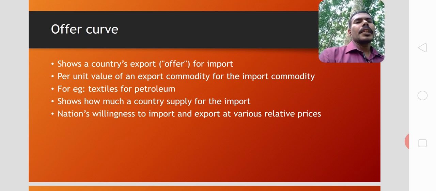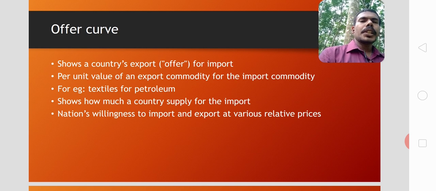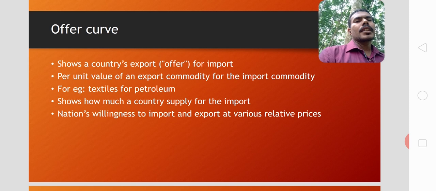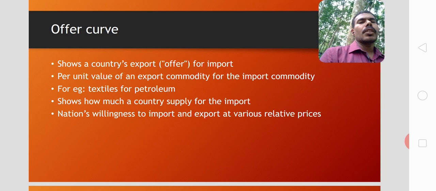Is there any advantage for that nation? Is there any limit, any disadvantage for that nation? We will measure the advantage of the nation from trade using offer curve analysis. Offer curve analysis also uses the terms of trade, to show whether the nation is gaining from trade or losing from trade.